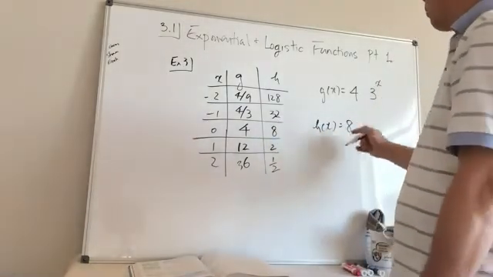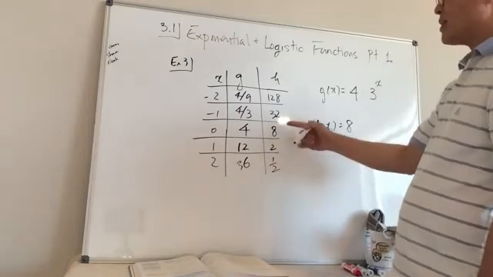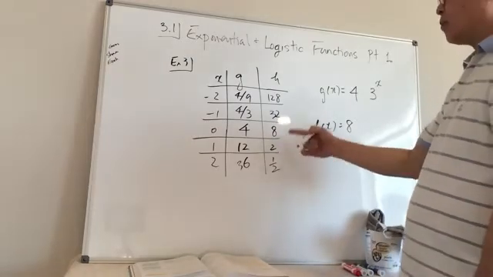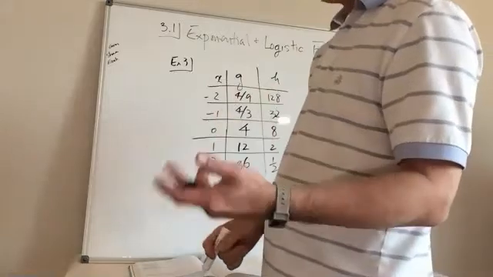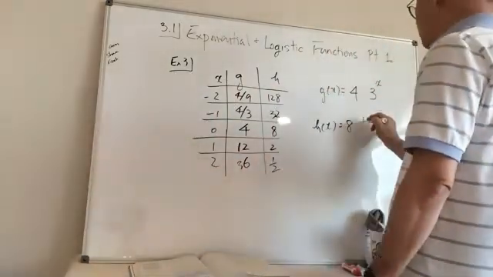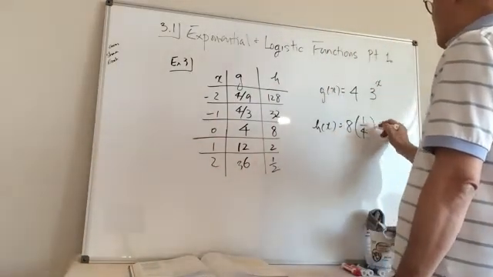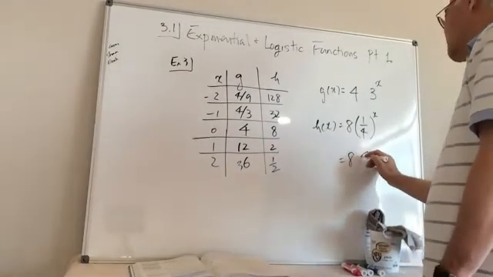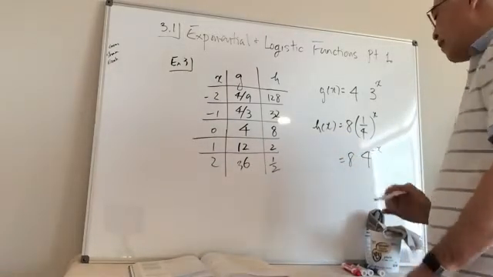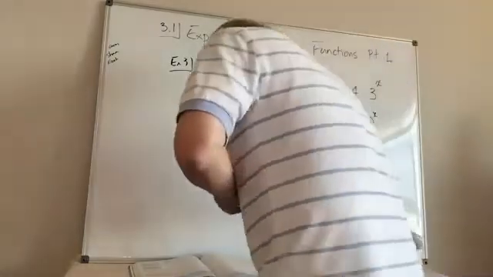And every time x goes up 1, we divide by 4, which is the same as multiplying by 1/4. Or you could rewrite this as that, okay?